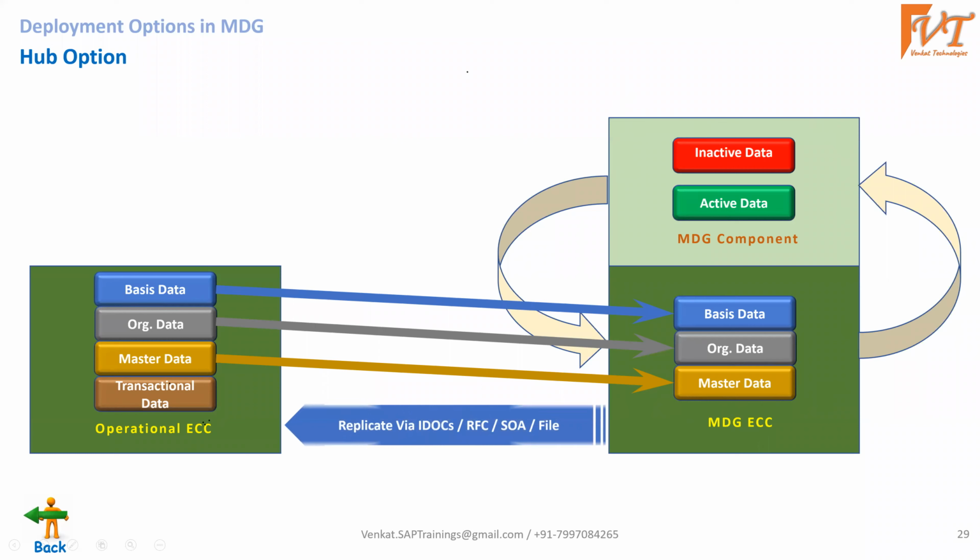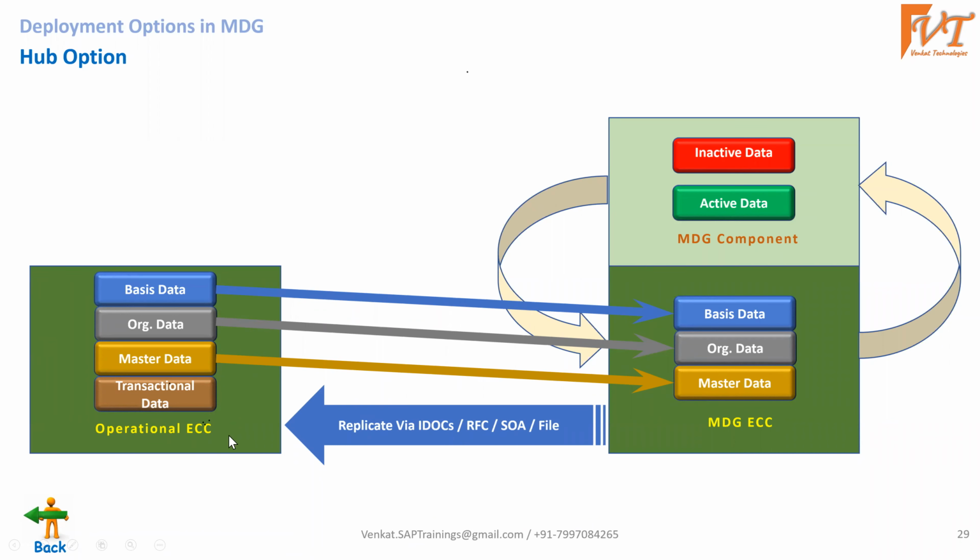So once the master data is maintained in MDG, that will be replicated to the transactional system. There are various ways to replicate that we can see later, but using any of these methods, the master data governed in the MDG system is replicated to the transactional system.